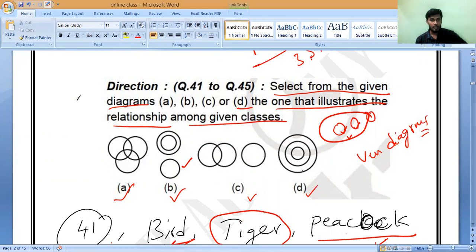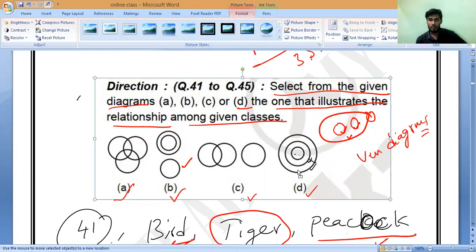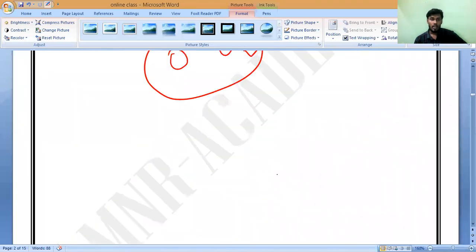Somebody said option D, but let us consider the outer ring is languages. The second ring, if you consider Tamil, then Telugu is not a part of Tamil. So it won't come. Do you understand? Yes, sir. So what is the answer? None of these.